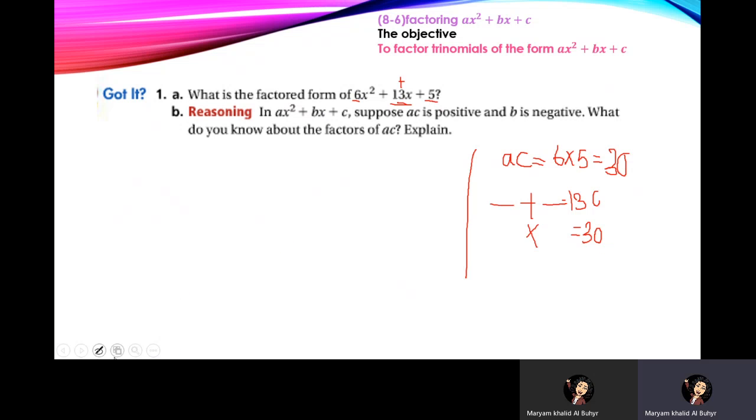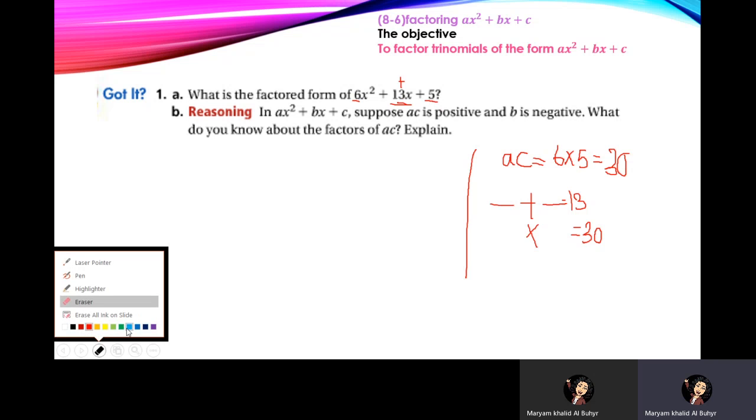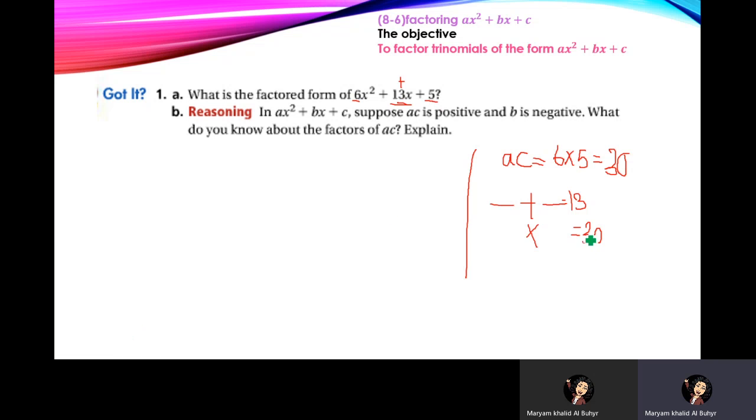So, how can I do that? I'm going to think about these two numbers. You might think of many numbers. In the beginning, sometimes you will think, okay, miss, can I try 5 and 6? No, if I add them, I will get 11. This is not what I need. Make sure that you try some numbers until you get what you need.